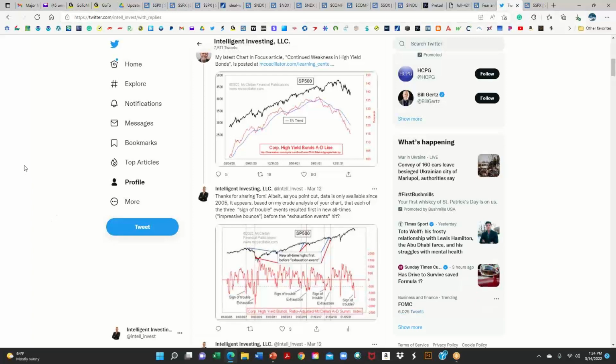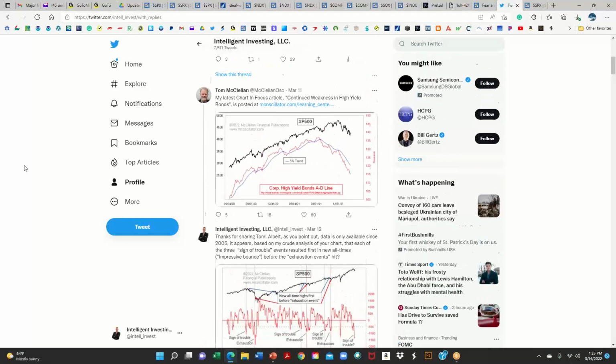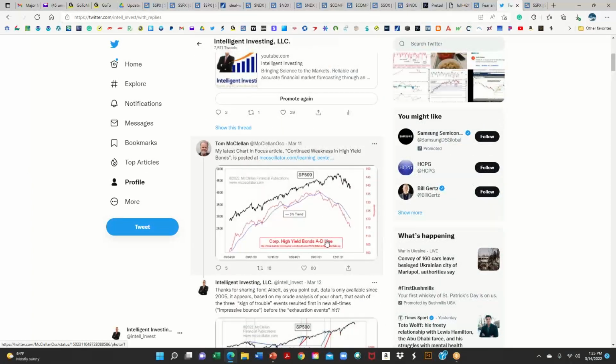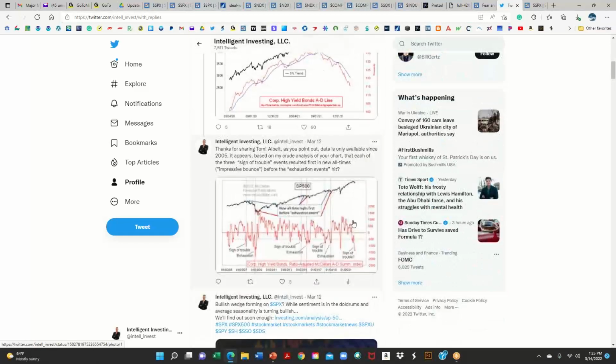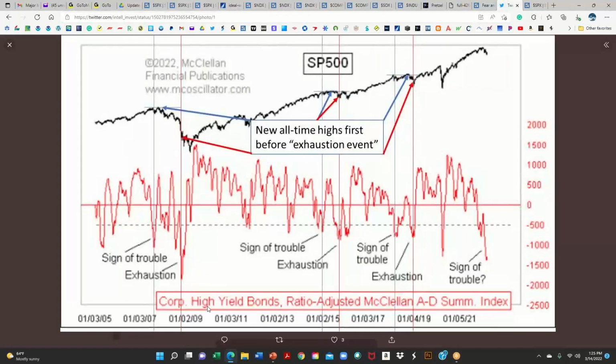Lastly, this is an interesting article by Tom McClellan on the corporate high yield AD line. It's declining. It's not good for stocks because high yield is really the father of the stock market, super high risk, and people are not taking any high risk. In this article, he presents what he calls the corporate high yield bonds ratio adjusted McClellan AD summation index.